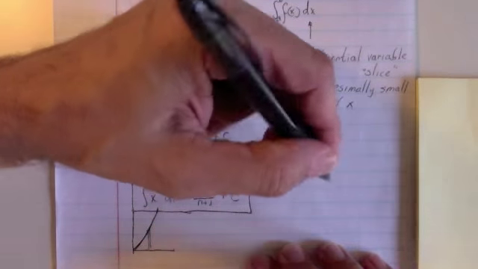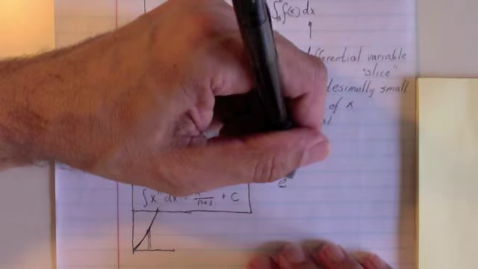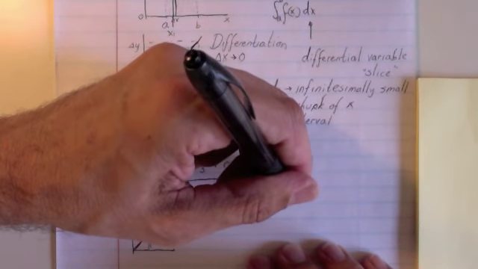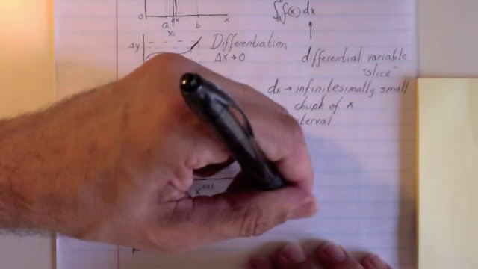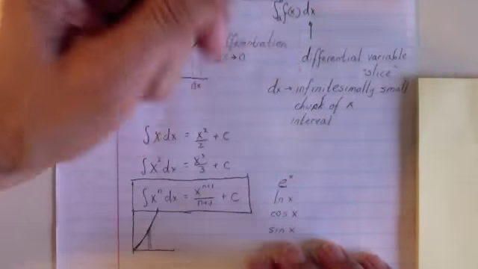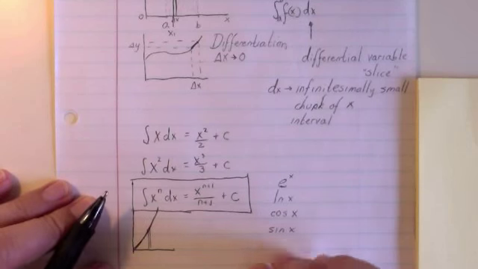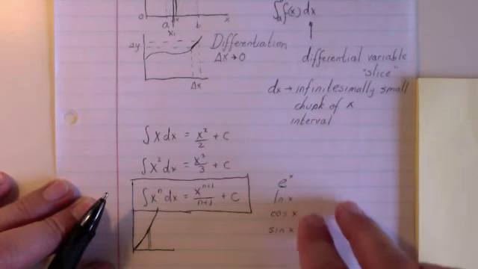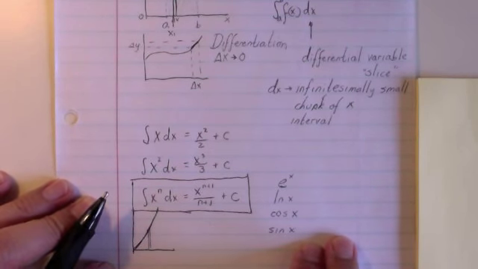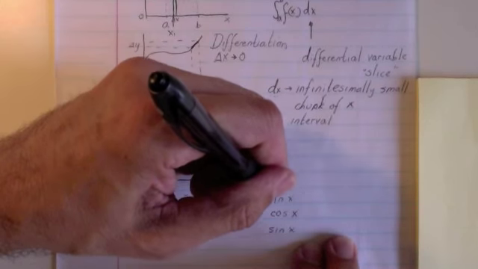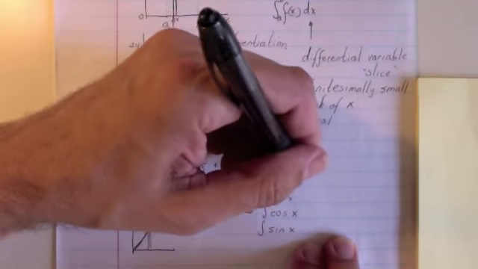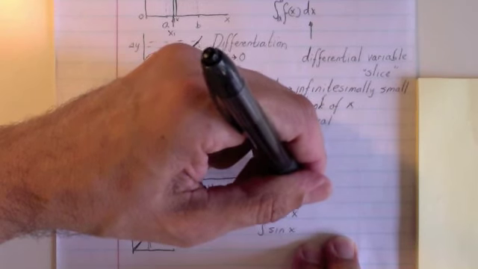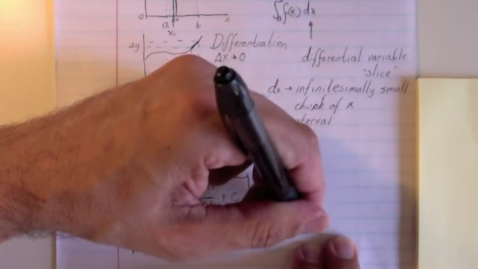Occasionally we're going to be doing something with e to the x, log x, cosine x, sine x. We're going to learn those later on. But for right now, I just want you to understand this process. You can look these things up in tables. In other words, we're going to find out eventually the integral of all these guys with respect to some infinitesimally small slice.